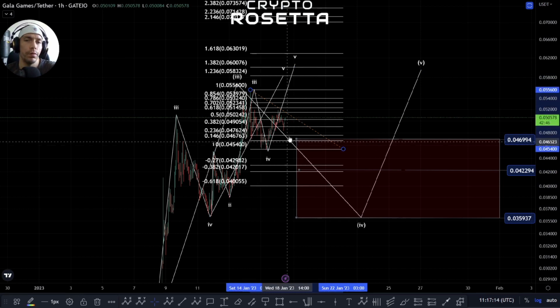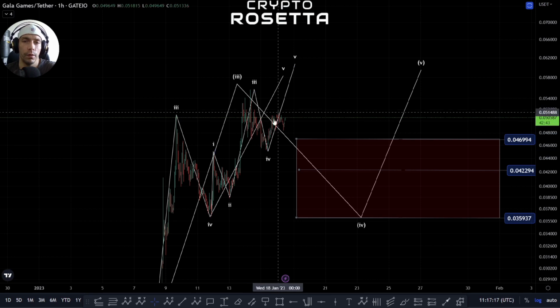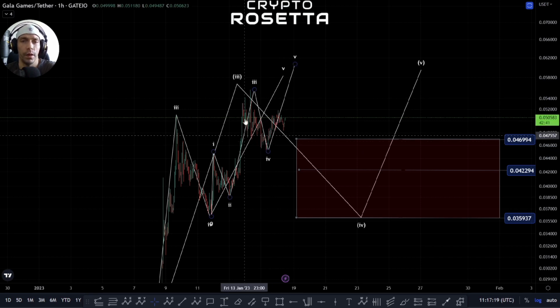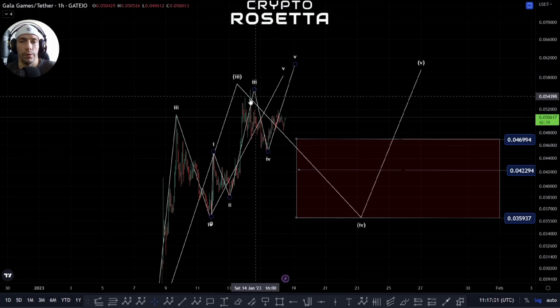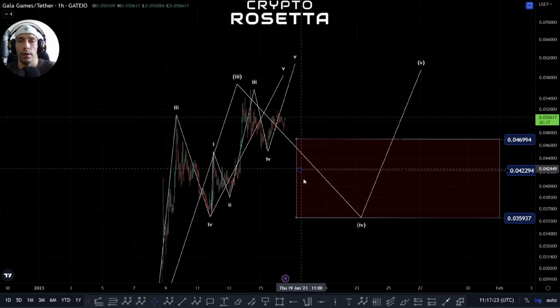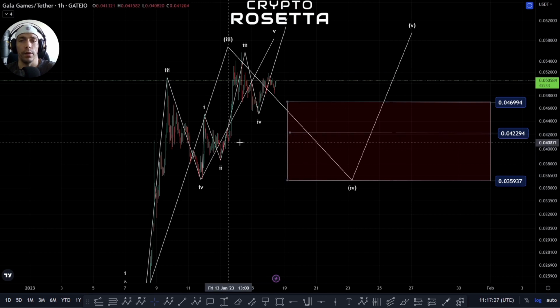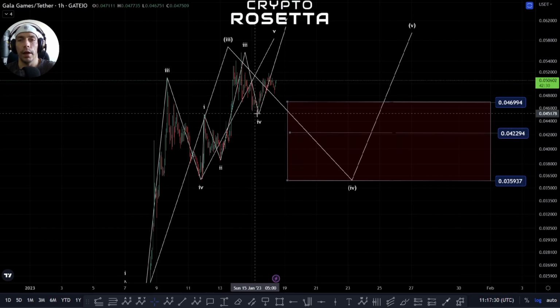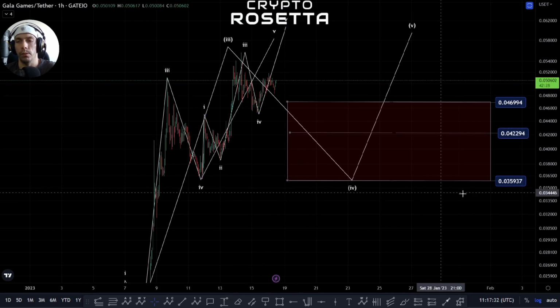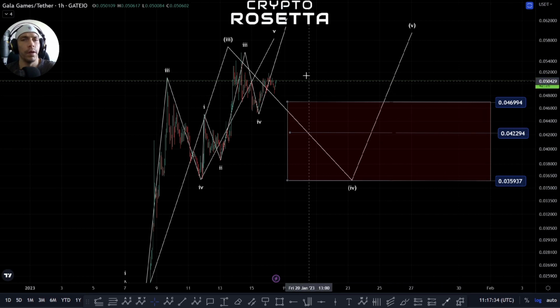We just got to give it a bit of time to play out. The thing is, this move is currently looking quite corrective in itself. So if we do move down again, it's possible that we could form this fourth wave, and it's actually just a bigger fourth within here, and we come down and we go towards these zones indicated.